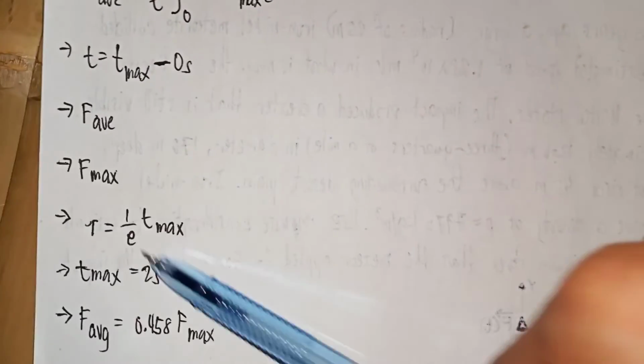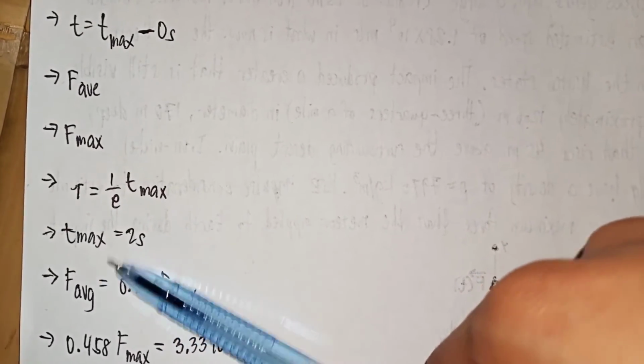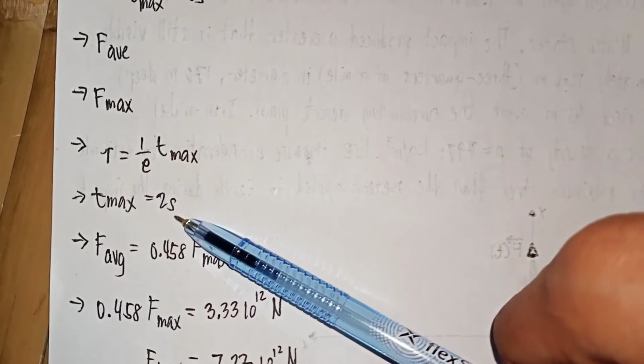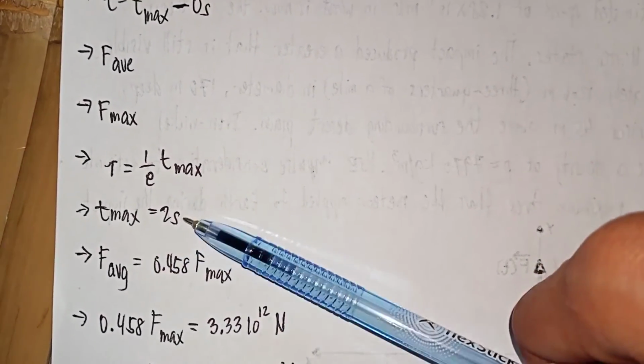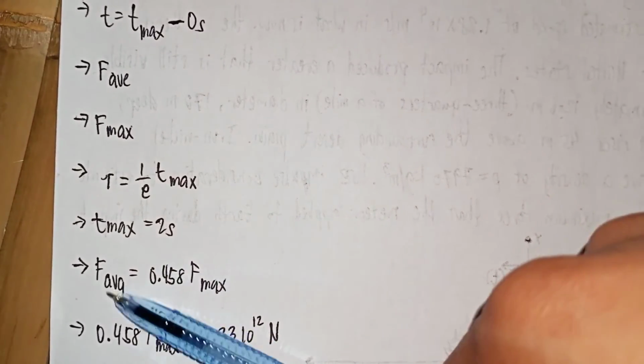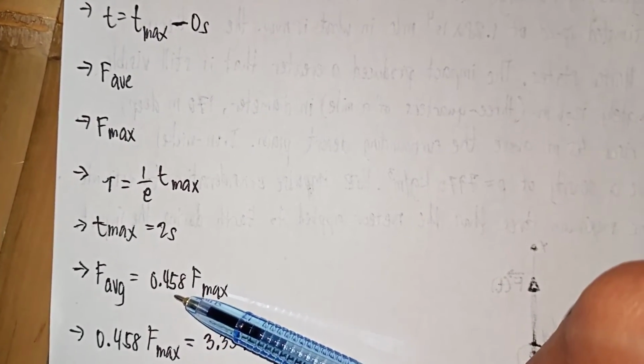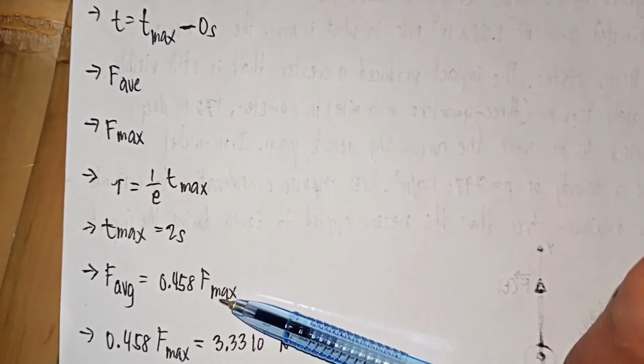Choosing this formula, we also have t max equals 2 s. So this integral evaluates to average force equals 0.458 F max.